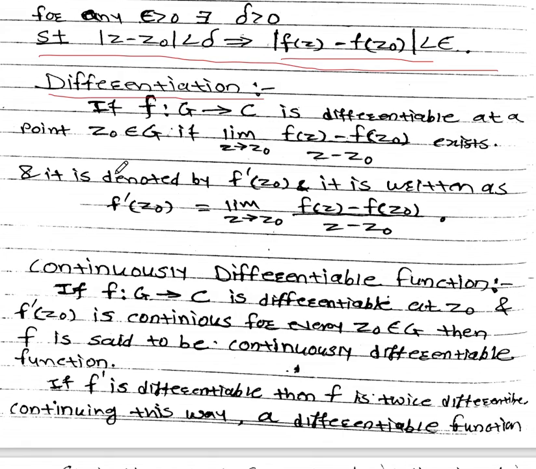We are in the complex plane C. f is differentiable at a point z0 belonging to G, where z0 is any point in a region G. I would like to make this clear: f is any function, G is a region and C is the complex plane. f is differentiable at a point z0 if limit z tends to z0 of f of z minus f of z0 divided by z minus z0 exists.